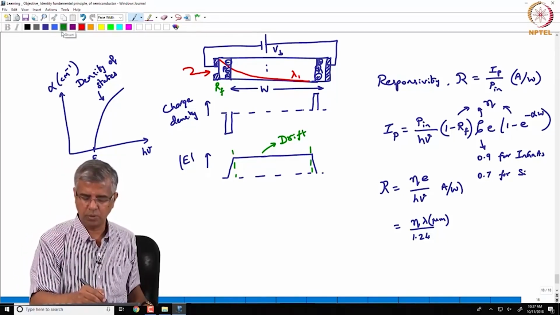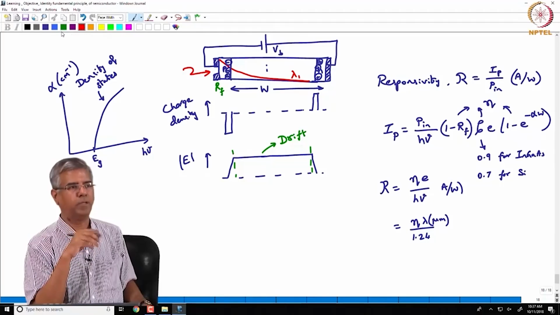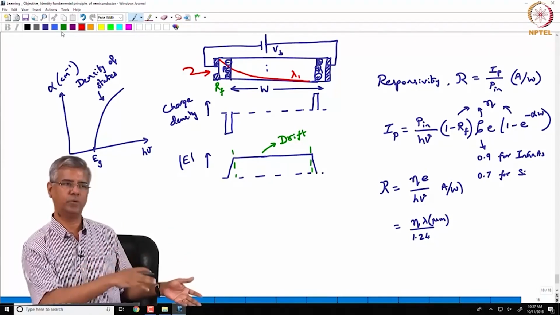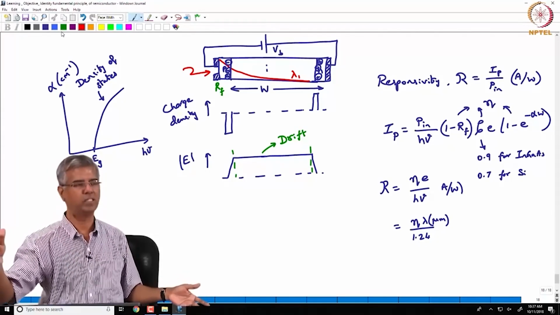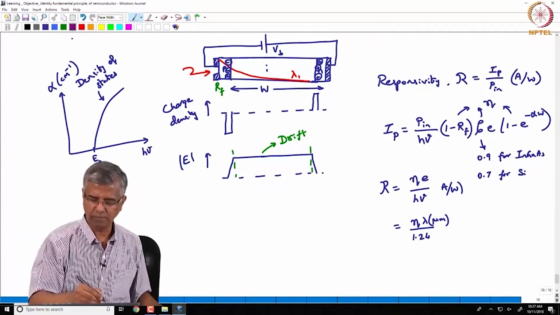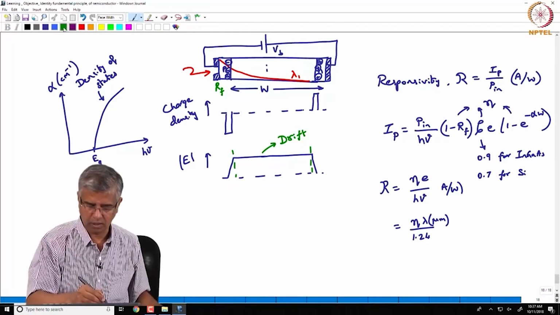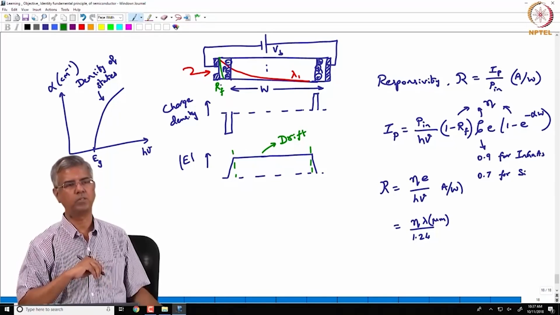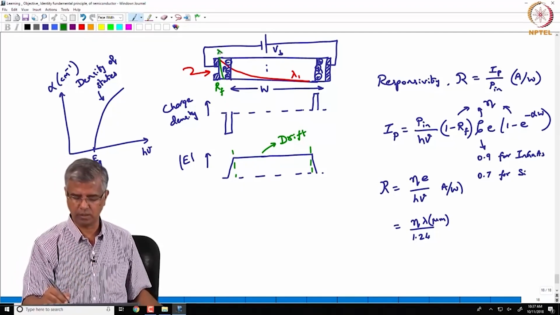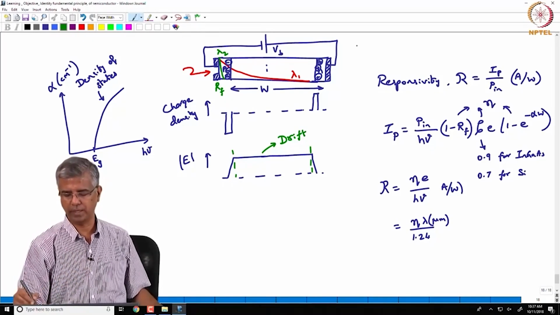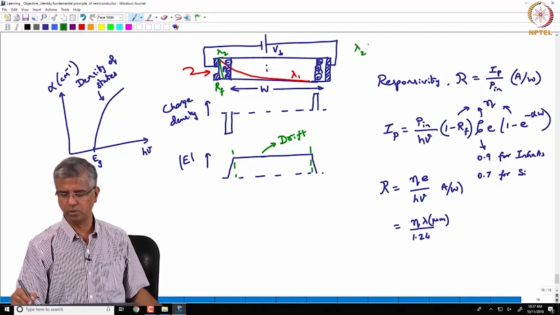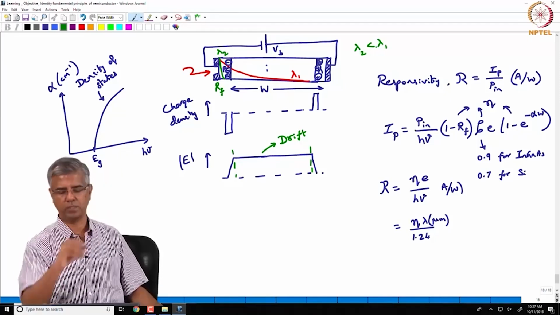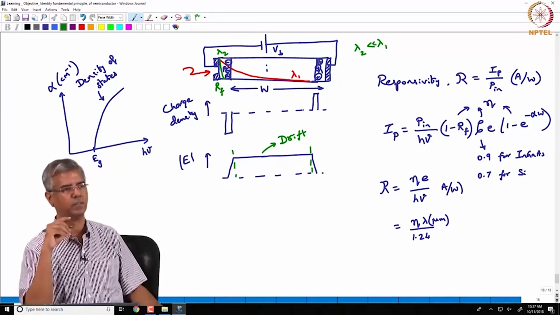Then if you have lambda 2, where the corresponding frequency and energy are much higher, all your absorption is going to happen over here. So, this is for lambda 2, where lambda 2 is much smaller than lambda 1.